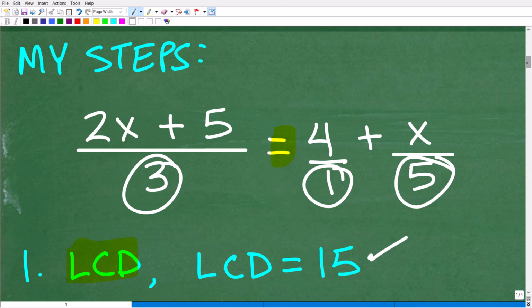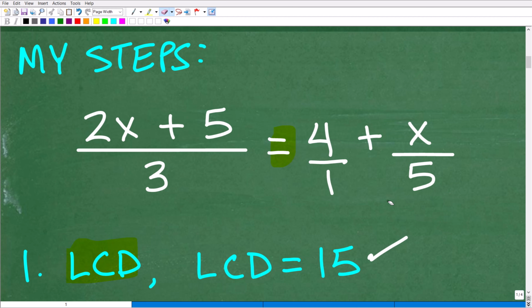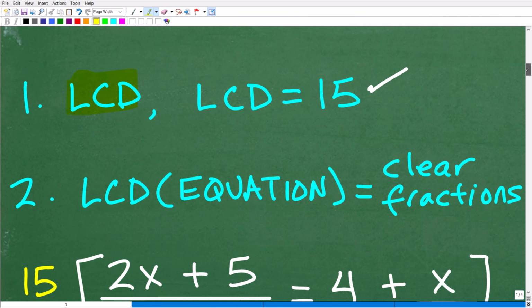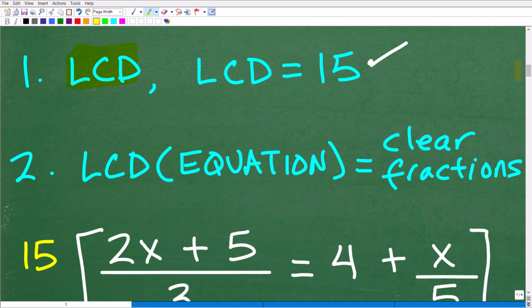All right, so that's the first step: I'm going to identify the LCD of this rational equation. It's 15. So that's step 1. Now, what is step 2? Once you know what the LCD is, if we take that LCD and multiply it by the entire equation, the effect is that we are going to clear all the fractions in the equation, and that's really the best thing you want to do.